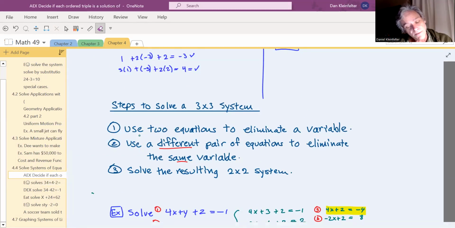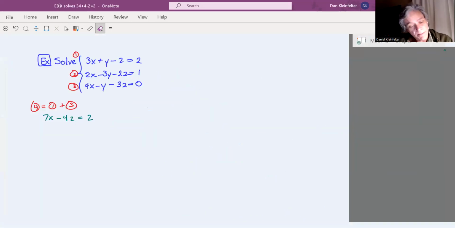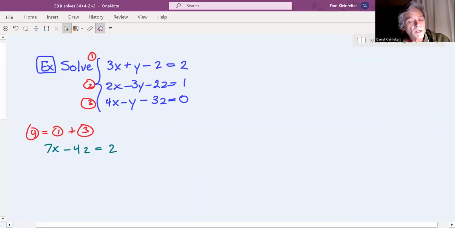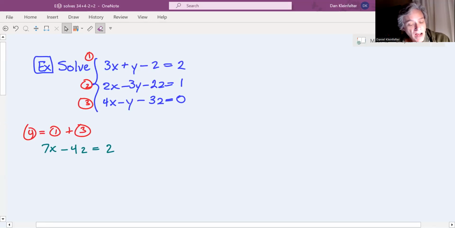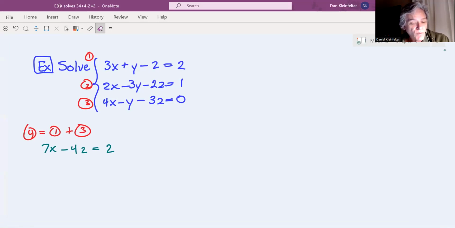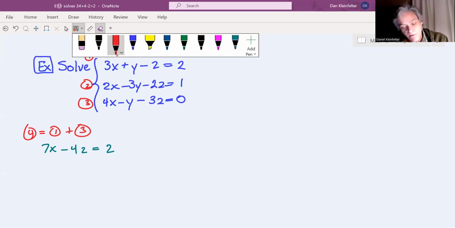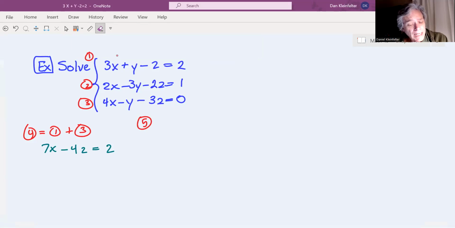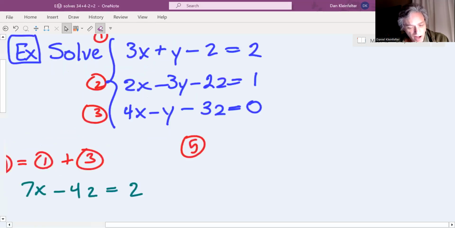Now we need to use a different pair of equations to eliminate the same variable. So we eliminated y before, so we're committed to eliminating y's. I've used equations 1 and 3 before, so now we have to use 2 because we haven't used 2 yet. We have to involve it. So we're going to get a new equation 5, and that has got a negative 3y in it. So I want to use it along with one of the other equations to eliminate y's.